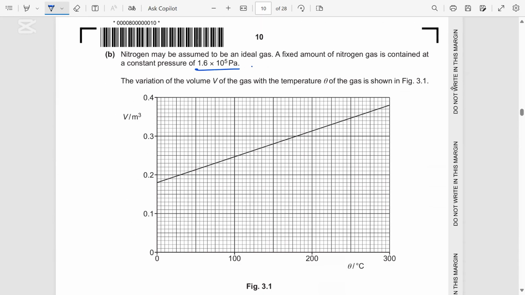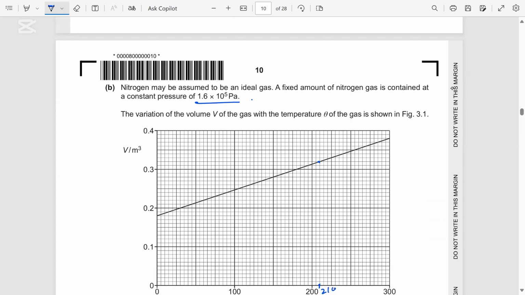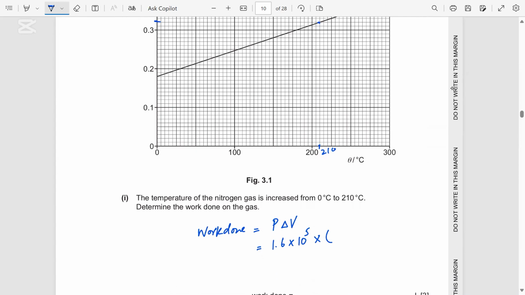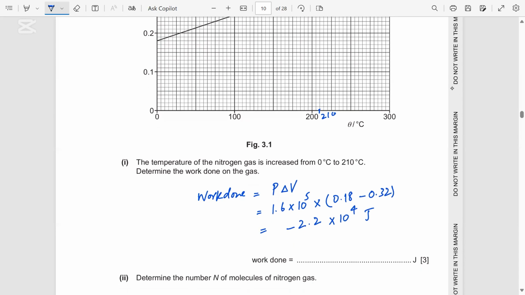It goes like this. The value at 210 is 0.32, right? So it's going to be 0.18 minus 0.32, and what we get is minus 2.2 into 10 raised to power 4 joules. This is a negative work done because it is expansion.